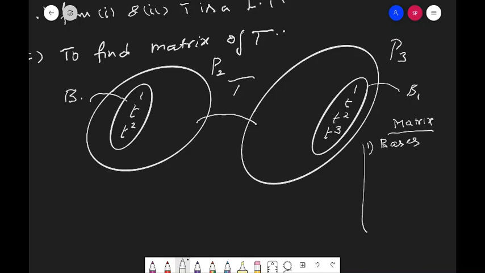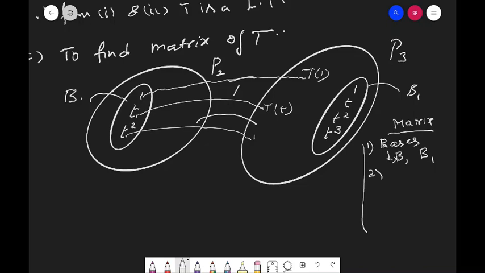So the bases are B, B1. Bases we have taken. And the second step is, in the domain, for each basis vector find T of 1, T of t, T of t square.